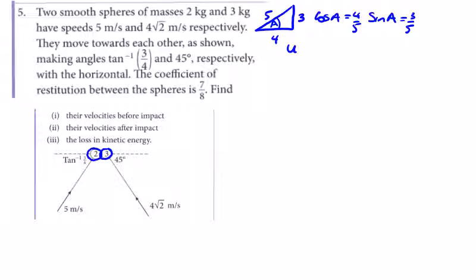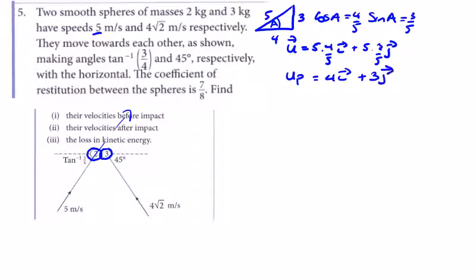So our initial velocity of this is the speed 5 cos theta, 5 by 4 over 5 in the i direction, and you see here going up positive, plus 5 by 3 over 5 in the j direction. So we'll call this the velocity of p, we'll call them p and q, is equal to 4i plus 3j.